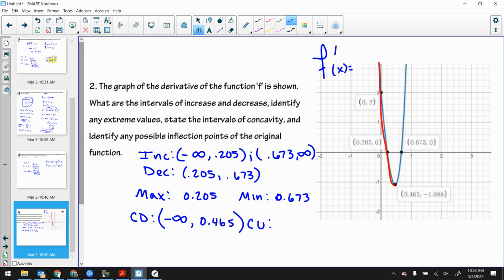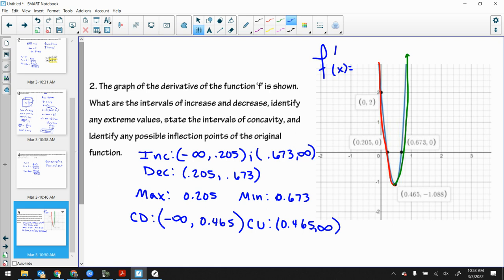Concave up is all this, from 0.465 to positive infinity.